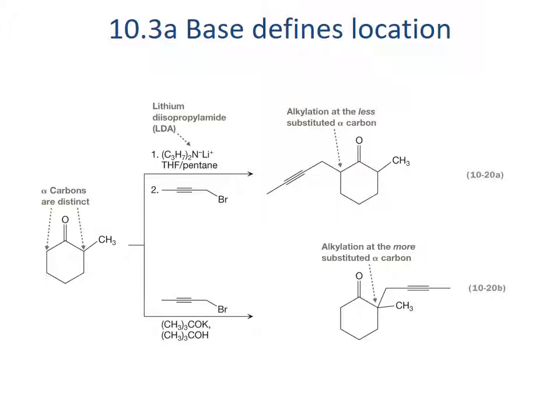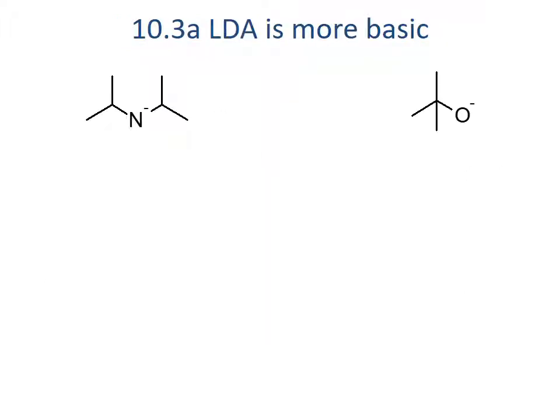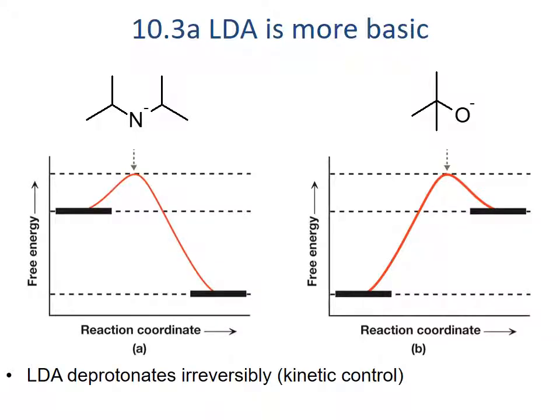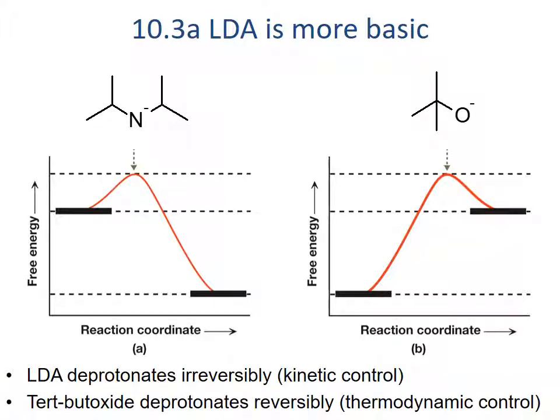We can actually form two separate products depending on which base is used. This is because LDA is incredibly reactive. It is such a strong base that the reaction will be exergonic, and it will be under kinetic control. The tert butoxide is also strong, but will be endergonic or only weakly exergonic, and therefore reversible.